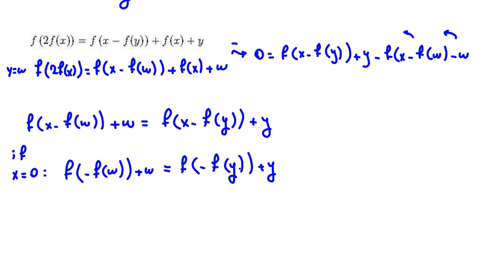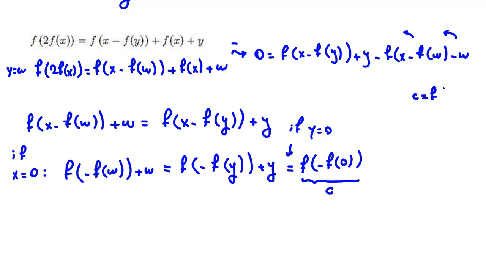Now, for y equal to 0, we have f of negative f of 0 plus 0, which is, you can cancel this 0. We can call this one c. So our c is a constant equal to f of negative f of 0. So for all w, we conclude that f of negative f of w equal to c minus w.